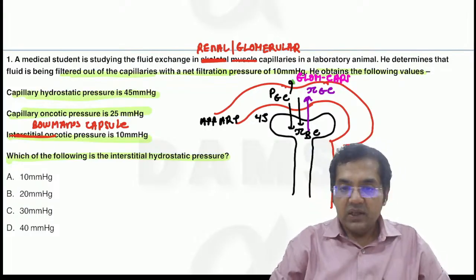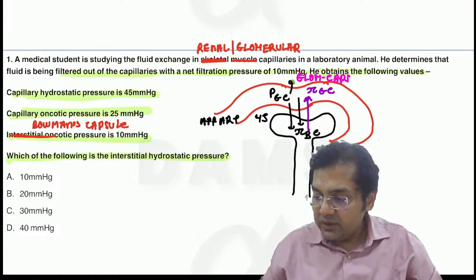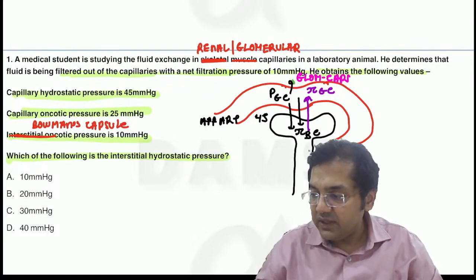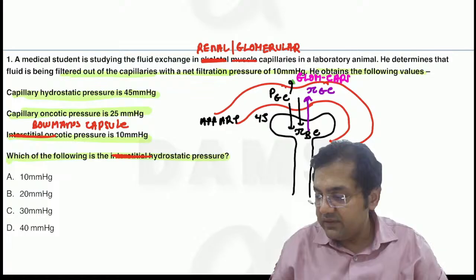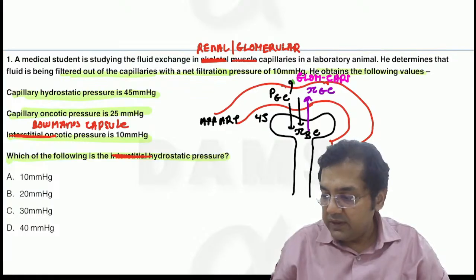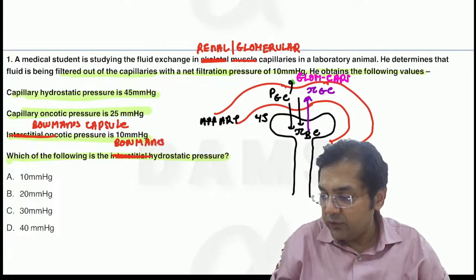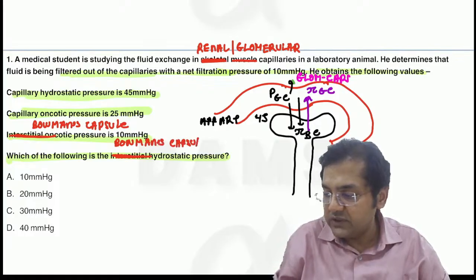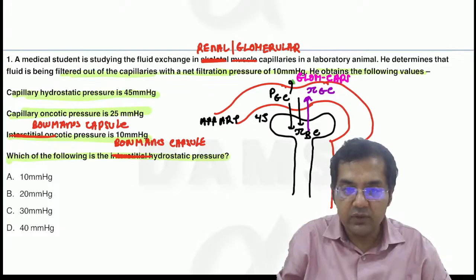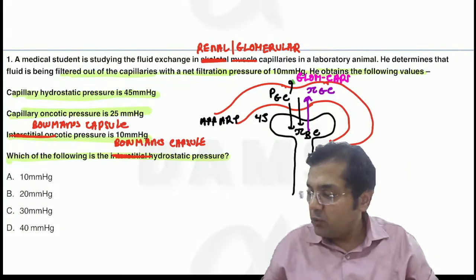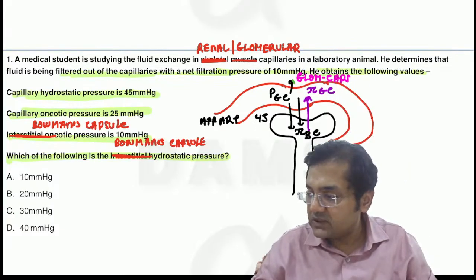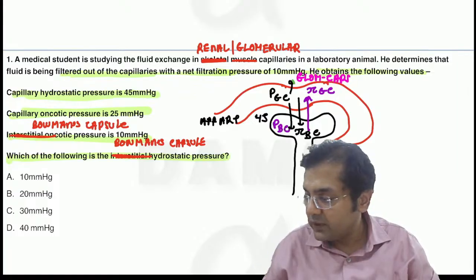And then we have asked you which one is the interstitial, or let's say the Bowman's capsule hydrostatic pressure, right? So just a small change because discussion is around renal capillaries, glomerular capillaries. Bowman's capsule hydrostatic pressure I would like to find out, which is PBC, which is, remember, again an opposing pressure.